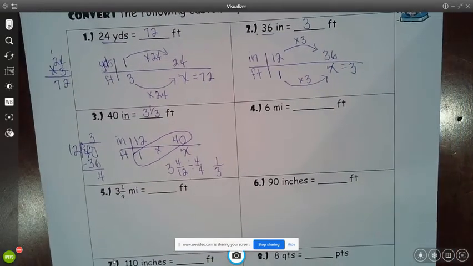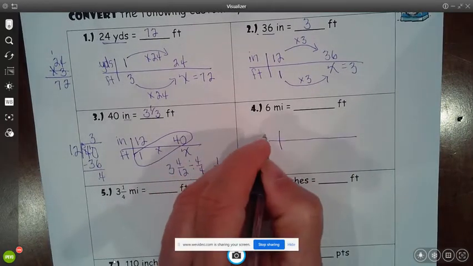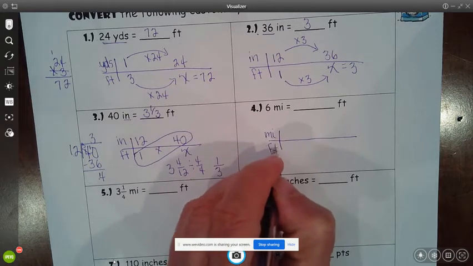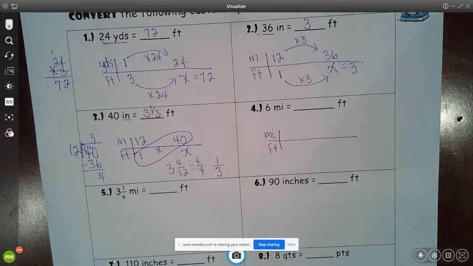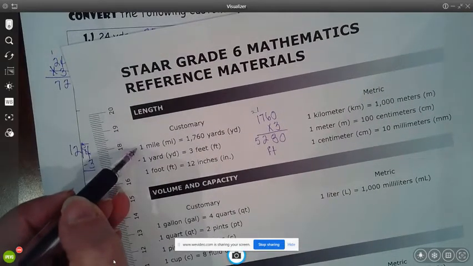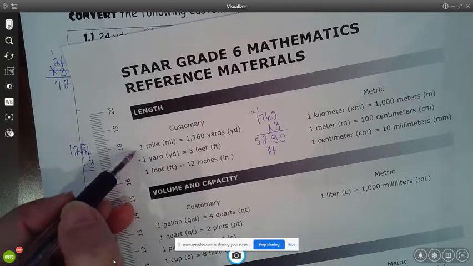Okay, moving on. Let's try another one. This time we're converting miles to feet. So let's look at our reference chart to see what that is. On here it says a mile is actually 1,760 yards, but that doesn't tell me feet. And there's not one on here that goes from miles to feet.